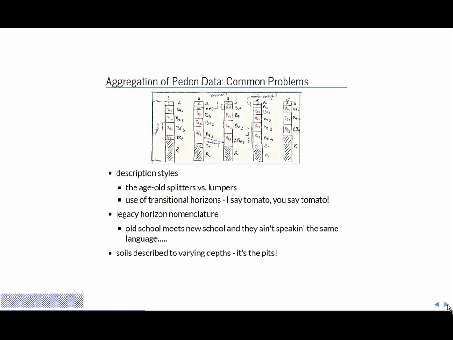But in a lot of cases, you have very deep soils, and those soils maybe have been described to varying depths, and maybe not all the way down to the full 150 centimeters.